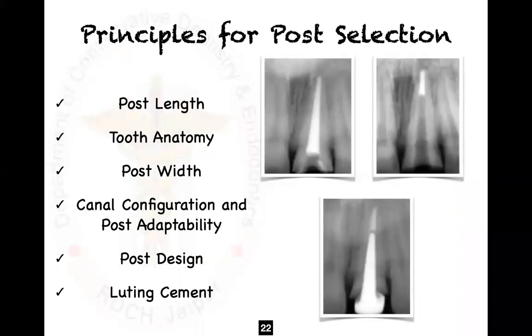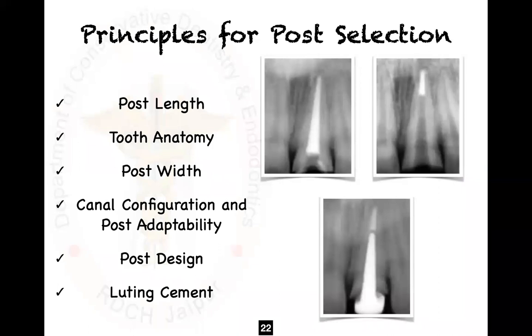Right? Let's move on with the principles of post selection. Very, very important. Please write this down. A question will definitely come on post and core, but they never ask you post and core directly. They want to know whether you know where post and core fits in. So the question will always be like restoration of endodontically treated teeth.